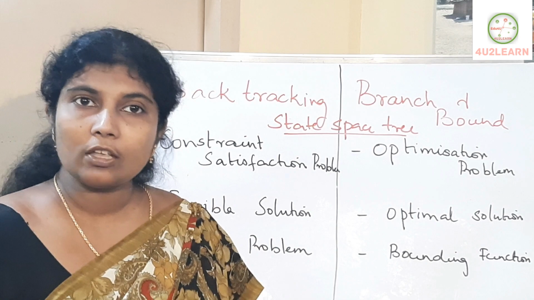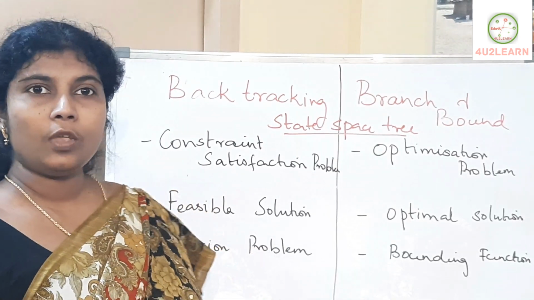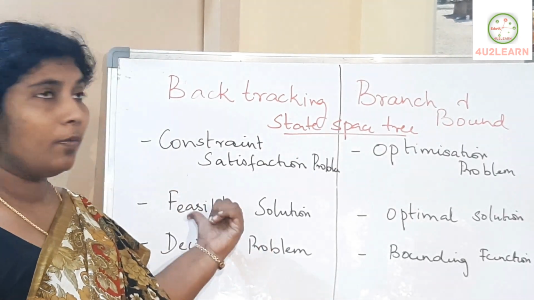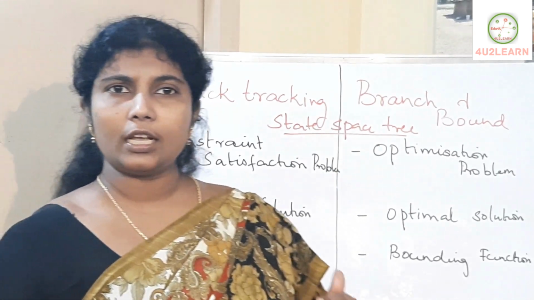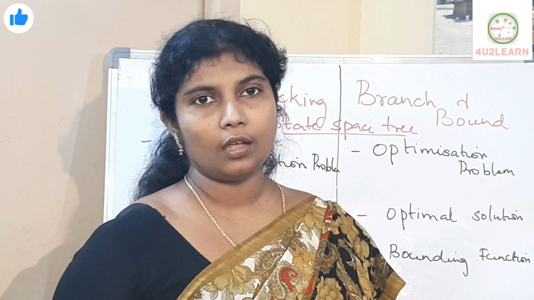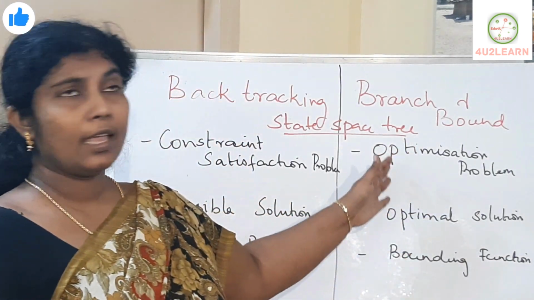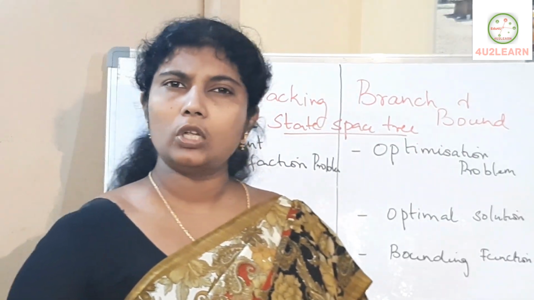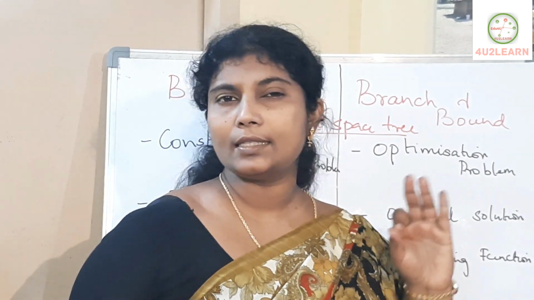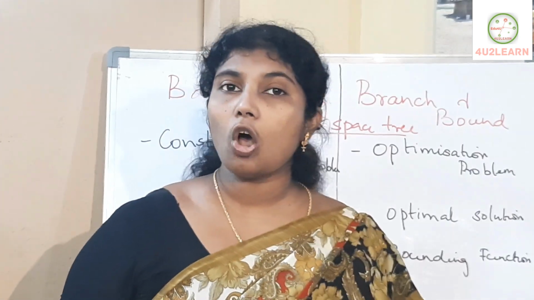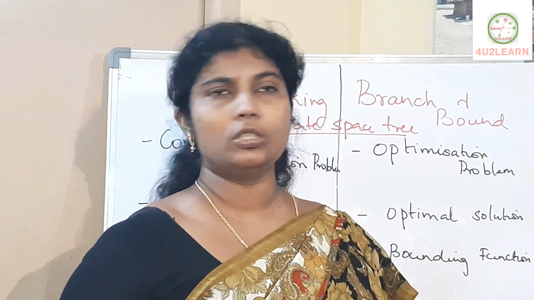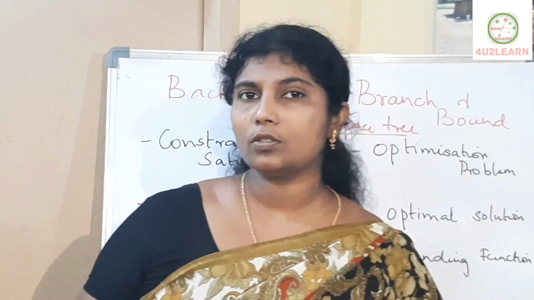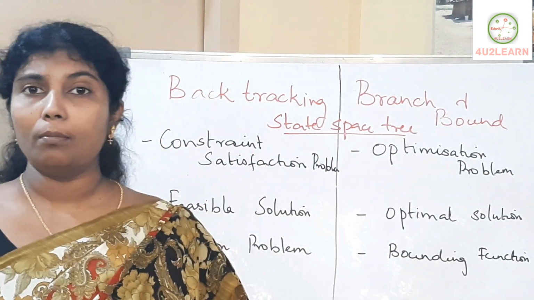In the case of backtracking, we have to get a feasible solution. Depending on the constraint, the solution is updated. Whereas in branch and bound, it is not just a solution, it is the best solution, the optimal solution. How we get the best of all the solutions is determined in branch and bound.